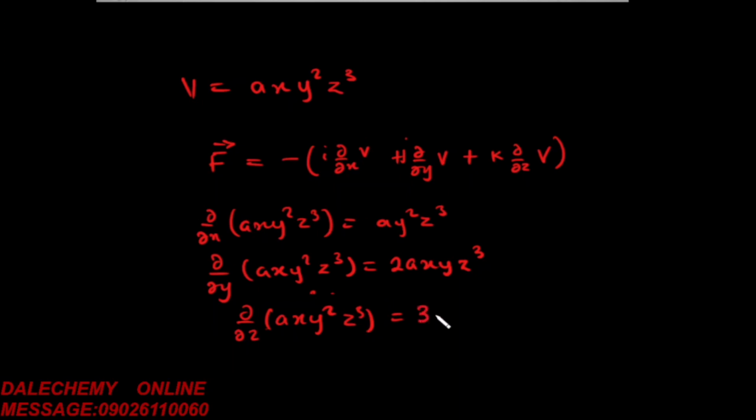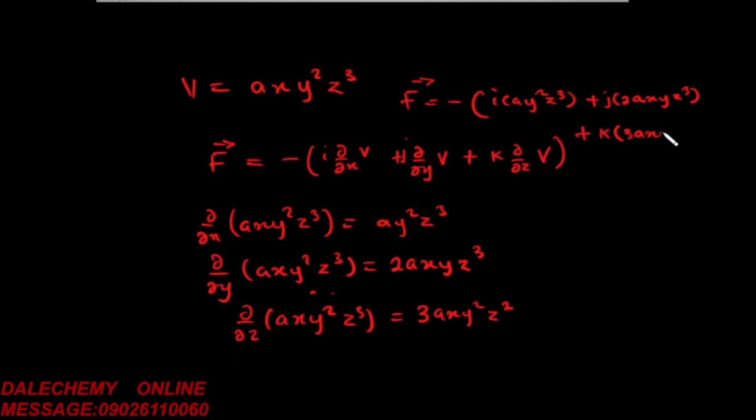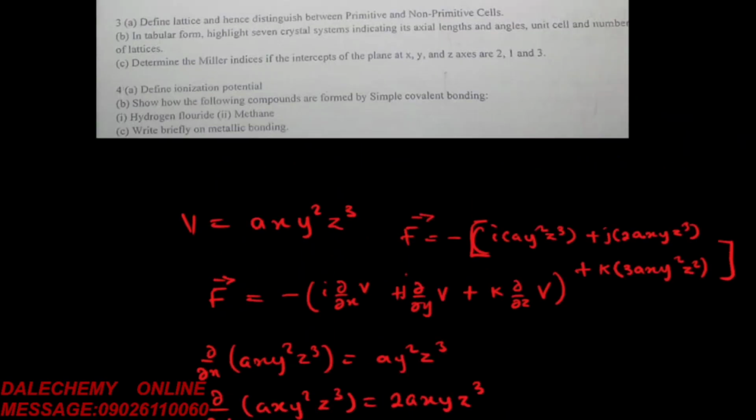So we have 3 a x y squared z squared, and your force will become minus i, with respect to x you got a y squared z cubed, plus j, you got 2 a x y z cubed, plus k, 3 a x y squared z squared. So that is going to be your force for the second potential function.